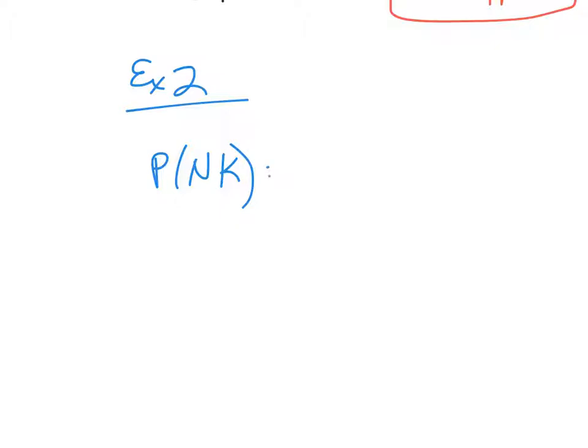Or we could take 1 minus the complement of not king, and the complement of not king is king, obviously. So we could take 1 minus the probability of getting a king. Hey, Brandon and Katie, what's the probability of getting a king if you draw a card out of a 52-card deck?